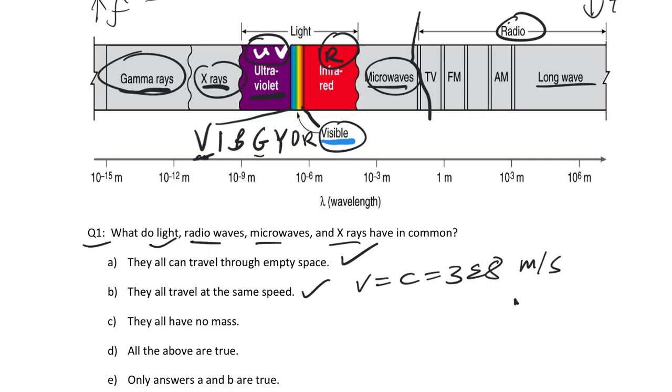They don't have matter. Water waves require a medium. And I wouldn't say a water wave has mass, because the water wave is actually just the energy moving through the water. But it's very easy for electromagnetic waves. They don't even have a medium, so how can they have a mass? So, all the above are true.